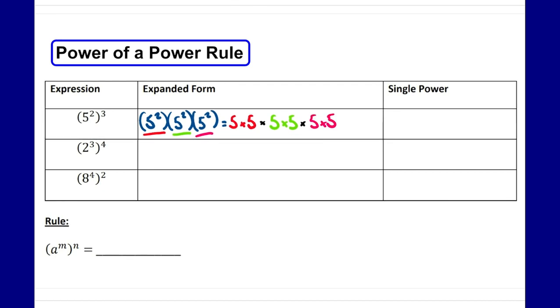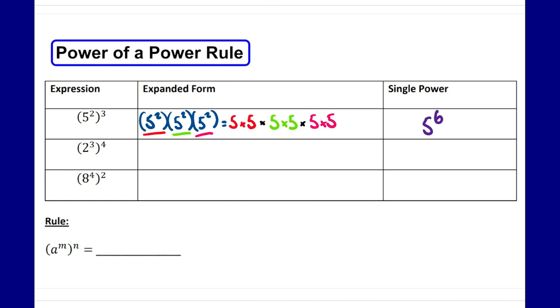If I want to simplify this expression now, it's just a string of 5s multiplied. I can rewrite that as 5 to the power of, not 3, sorry, 5 to the power of 6. So I have 6 5s being multiplied together.